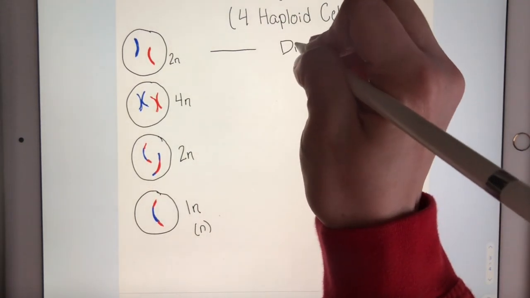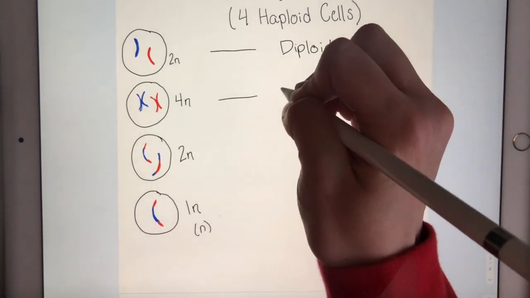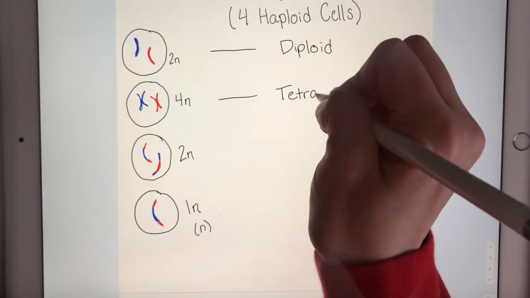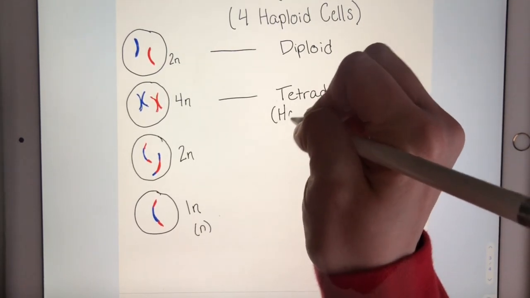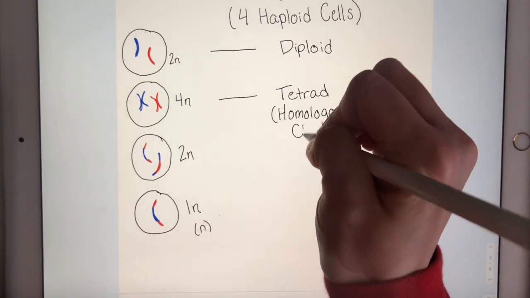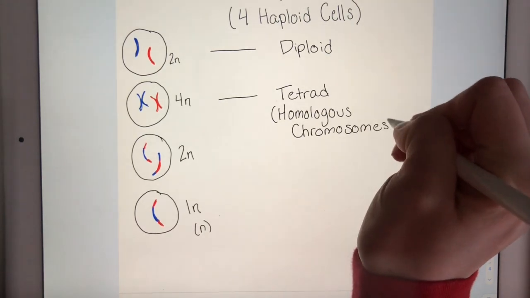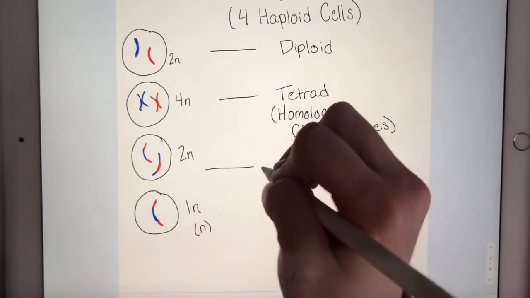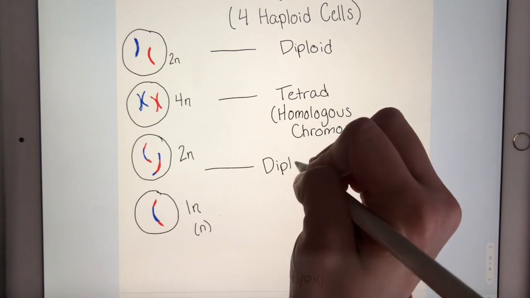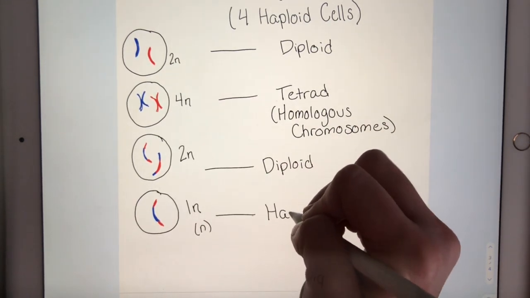So this was our diploid. Then we got a tetrad of homologous chromosomes. Then we're back to diploid. And then we're at our haploid.